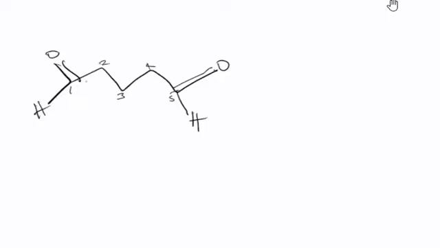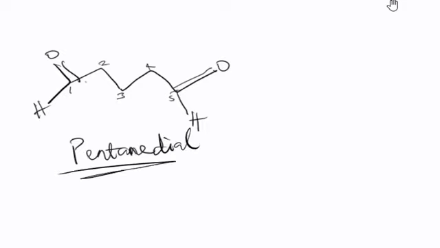So this is a 5 carbon compound having 2 aldehyde groups at both ends. So I will simply call this pentanedial. So this is how I can name this compound.